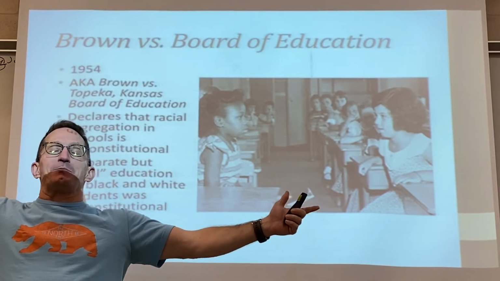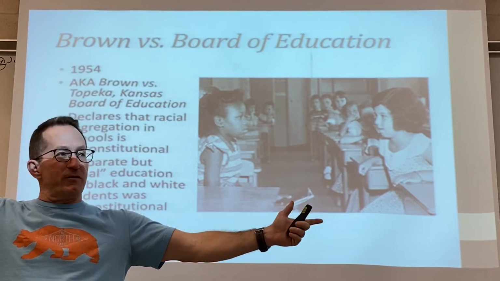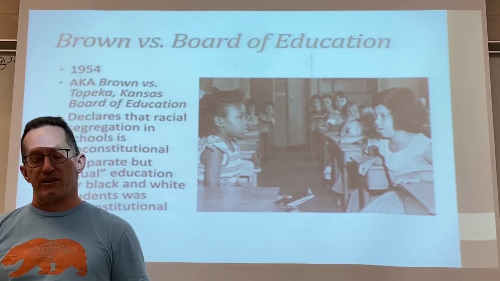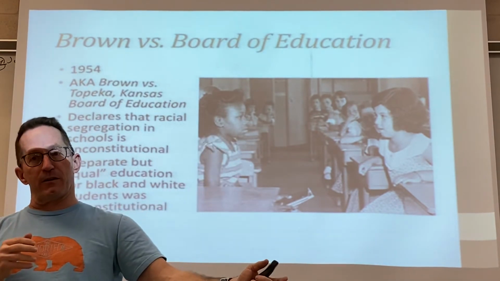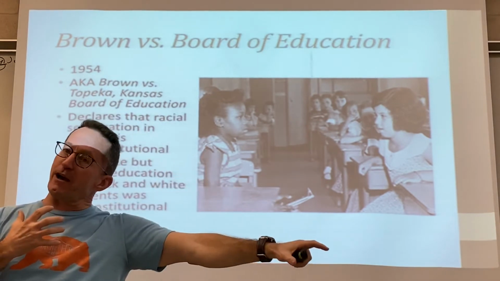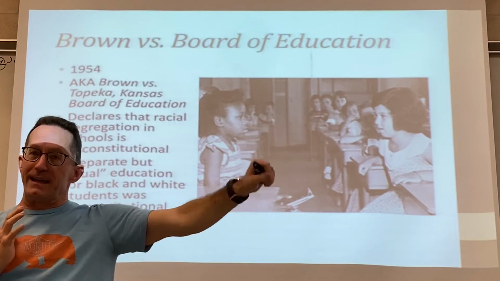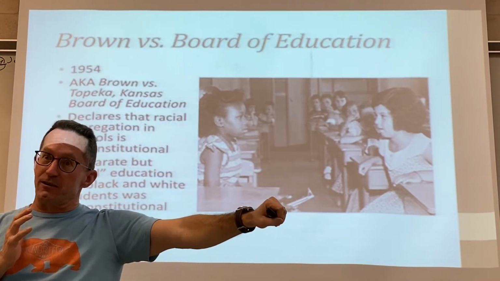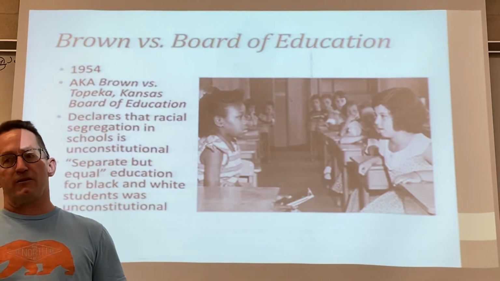And the United States Supreme Court finally gets it right. In 1954, they issued the decision, Brown versus Board of Education, and they now cancel Plessy versus Ferguson. They now say, we got it wrong in 1896. Separate but equal, which was constitutional in 1896, we're saying it is unconstitutional now.